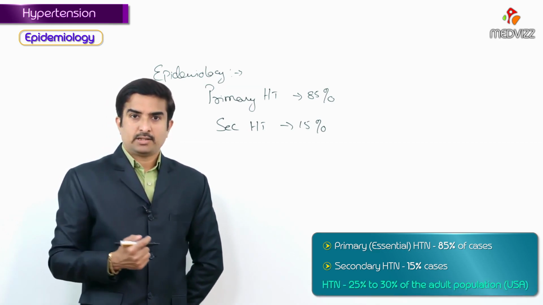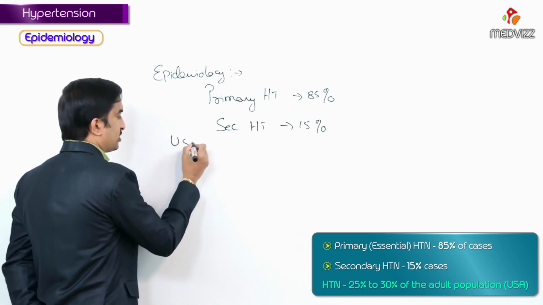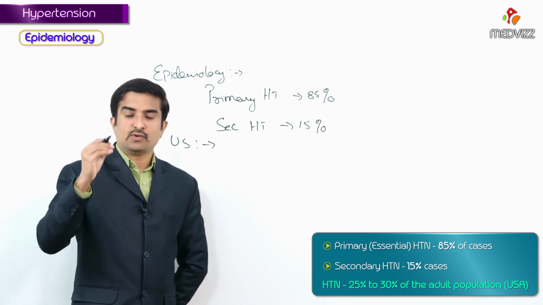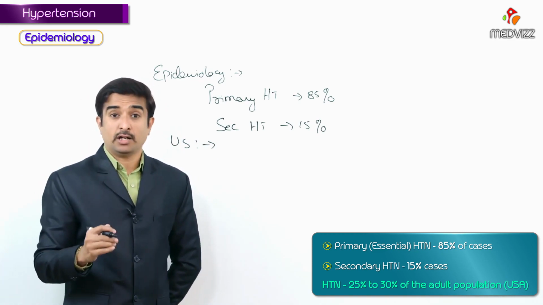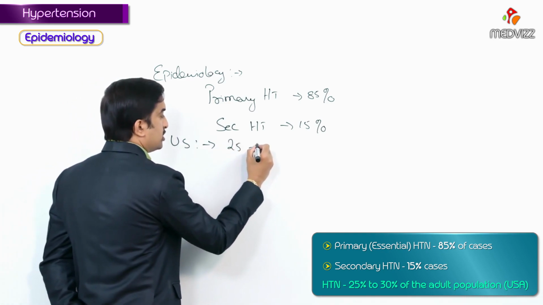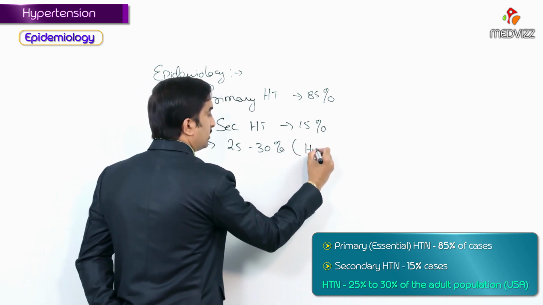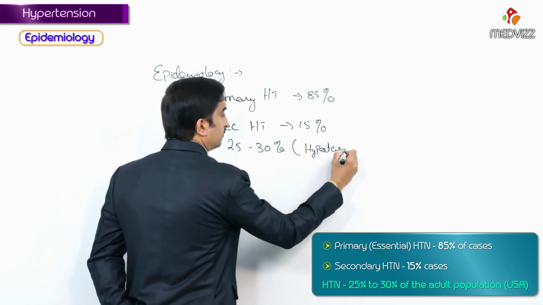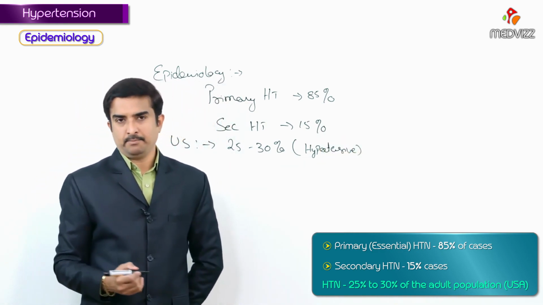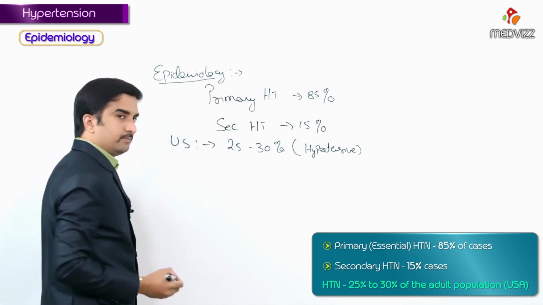And you need to remember that if we talk about US statistics, in the United States, approximately 25 to 30% of the adult population are hypertensive. These statistics are very, very important for the exam. So this is the epidemiology of hypertension.